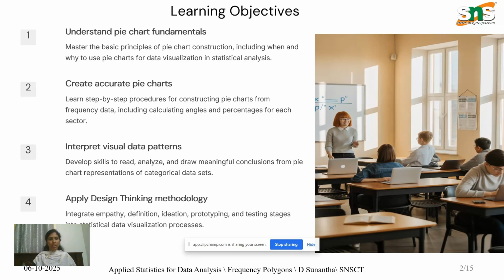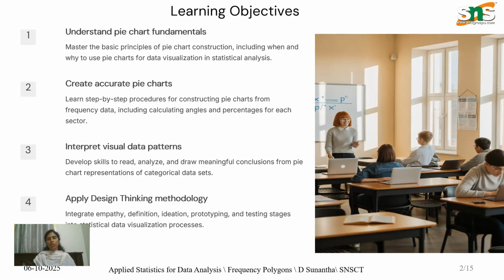When we see the understanding of pie chart fundamentals, it is to master the basic principles and construction of the pie chart, which includes why to use a pie chart and how we can use data visualization of pie chart statistical analysis. Second one is how to create an accurate pie chart.